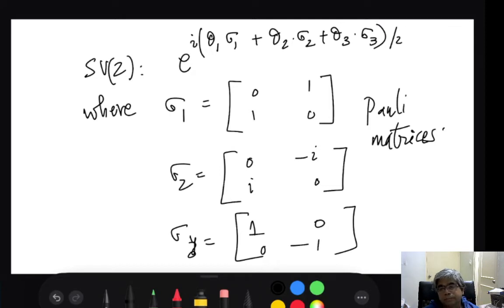Theta is some random complex number. So let's put it back into this, and let me just say that this is true.